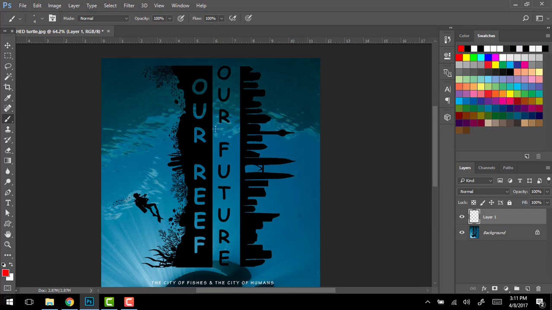What you were trying to do is, you see this guy here? This is supposedly the city and the population, civilization, and all the bad things that humans bring, and you're trying to juxtapose it with this thing here, which is the beautiful reef. That's a nice idea that you're trying to put in your poster.